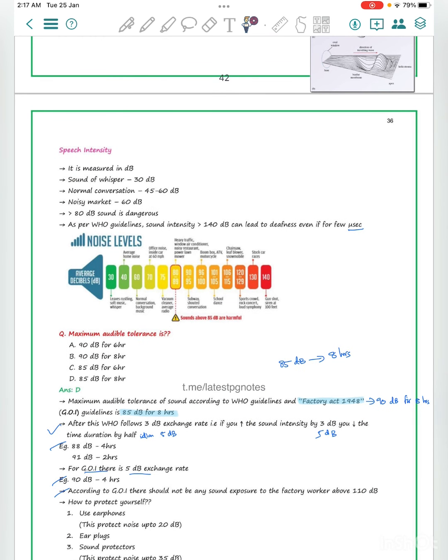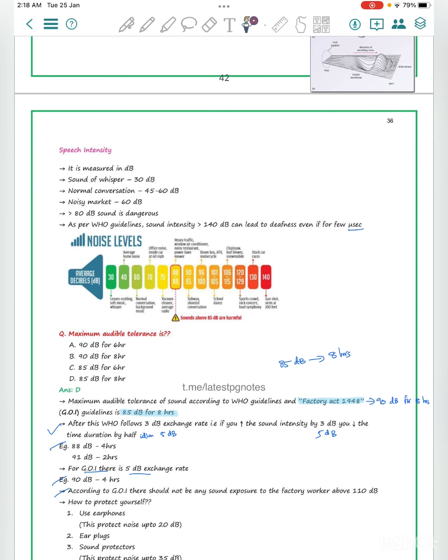According to the Factories Act 1948, for workers who are working in a mine or factories, 90 decibel for 8 hours is the maximum tolerable noise. But as per WHO guidelines, they asked to decrease this and change it to 85 decibel for 8 hours.